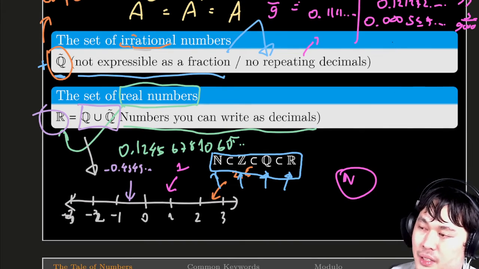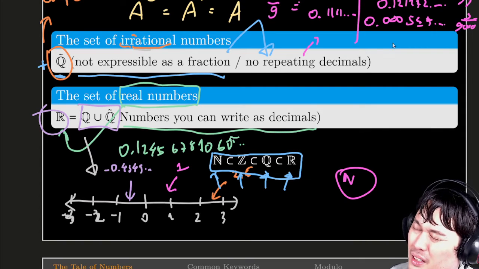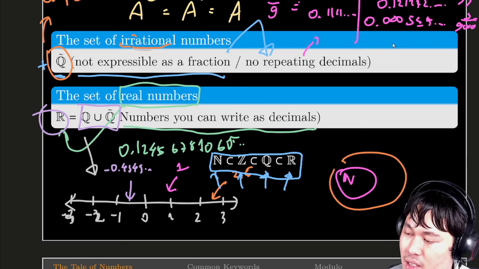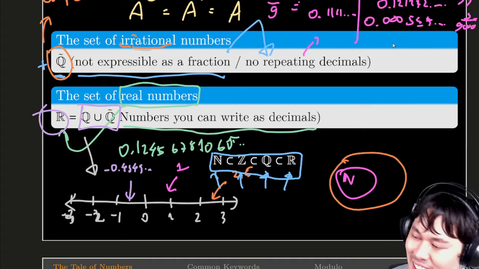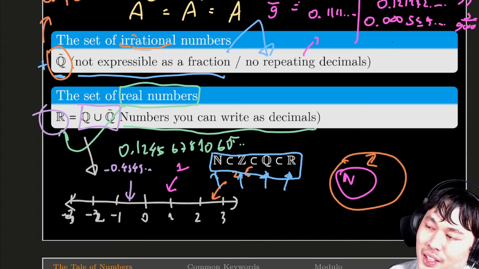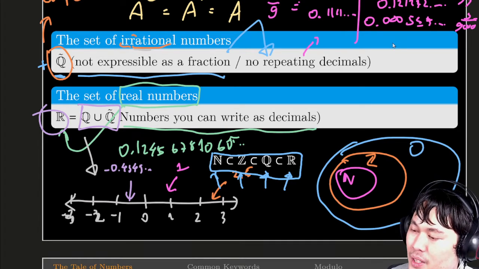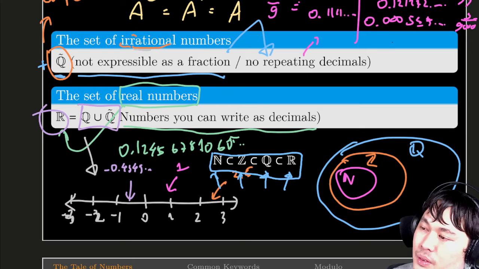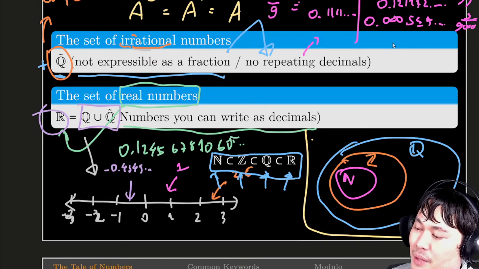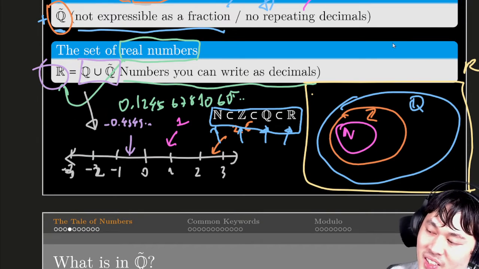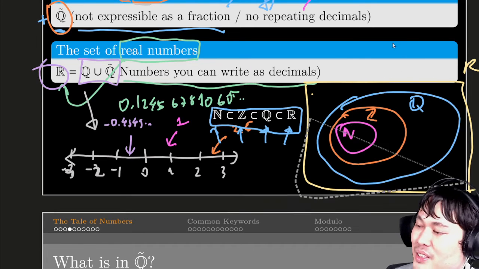So we have the set of natural numbers inside the innermost layer of this number onion, I guess. And then we have the set of integers, Z. And then the set of rational numbers, Q. And then the set of real numbers, R. This time I changed the shape from ellipses to rectangle.